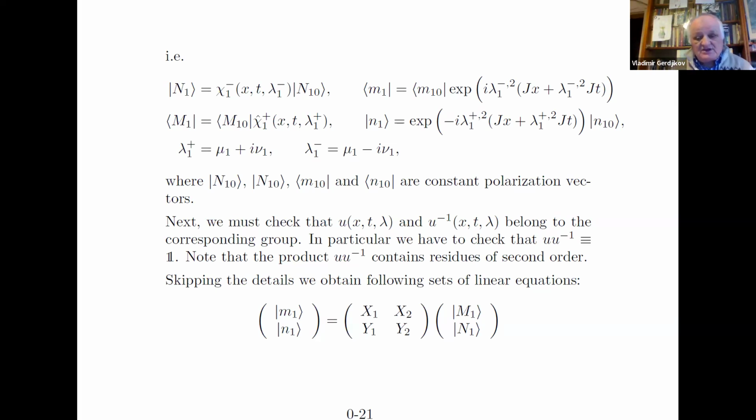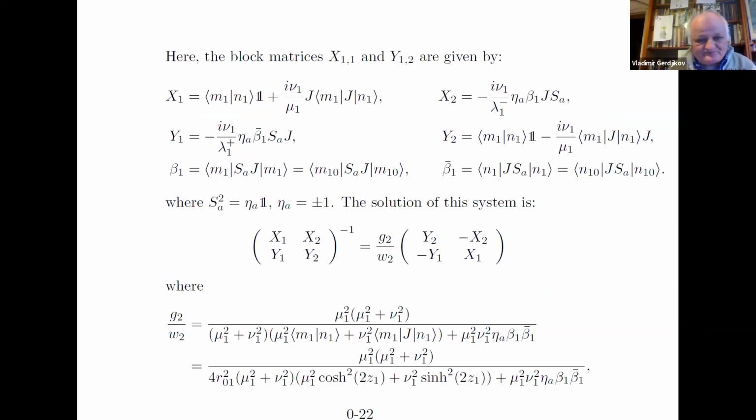What does it mean? Well, we have to multiply U and U inverse and calculate the residues and put them all to 0. This is also some calculation. First, there are residues of second order that must vanish.